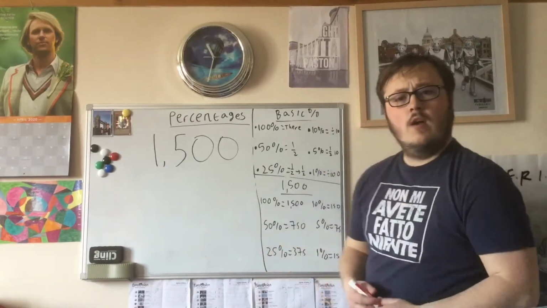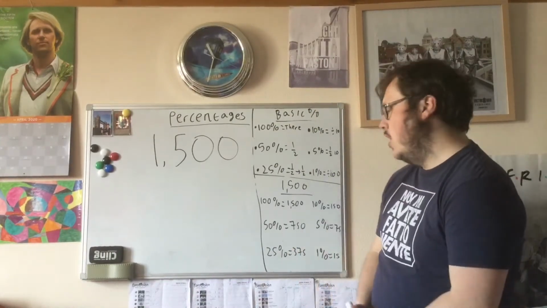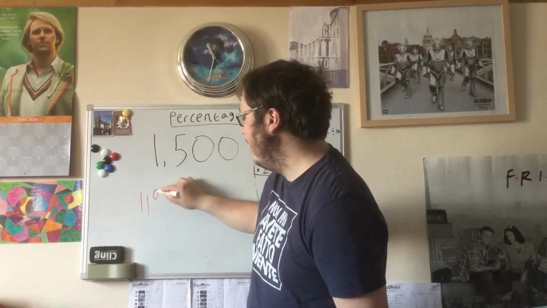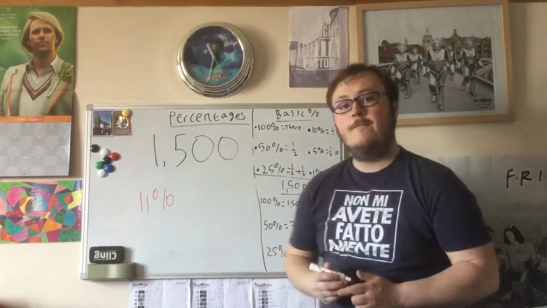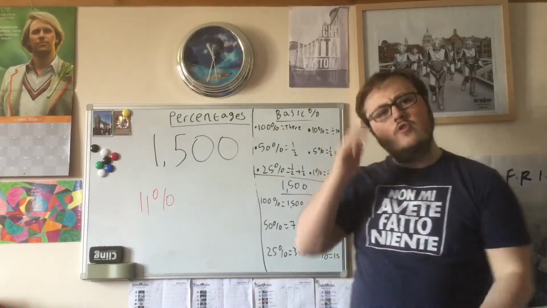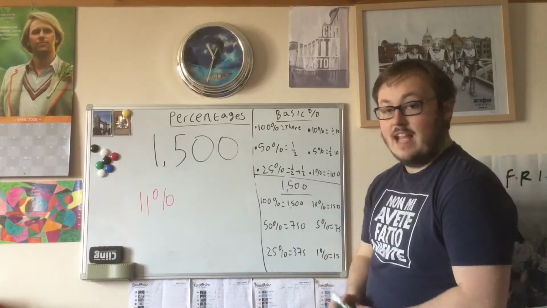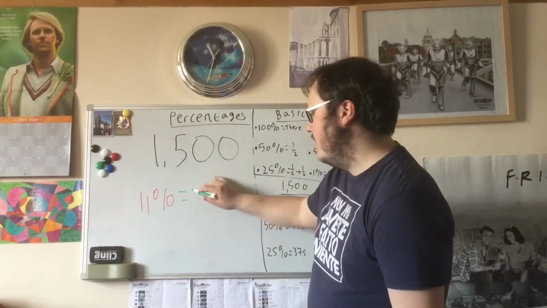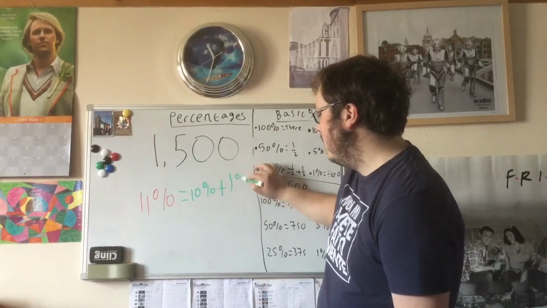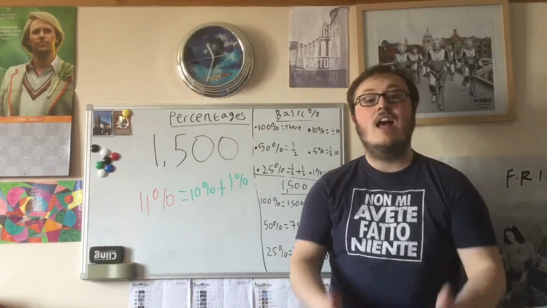So now we've done that one, let's try another one, because that might have just been luck. We just happen to have 10%. What about a number like, I don't know, 11%? I want to find 11% of 1,500. What could we have that could help us? Well, 11% is 10% add 1%. Because what's 10 add 1? 11.